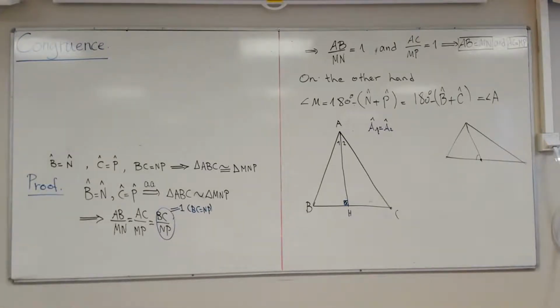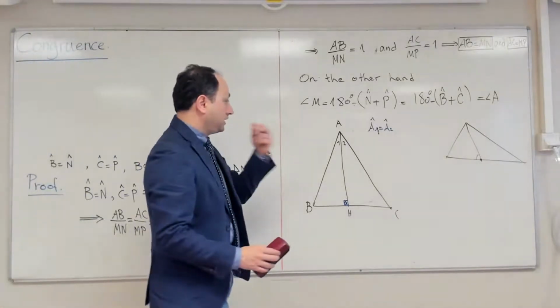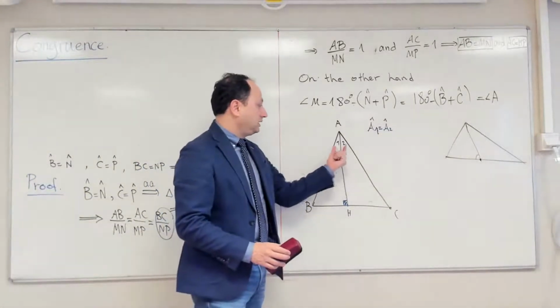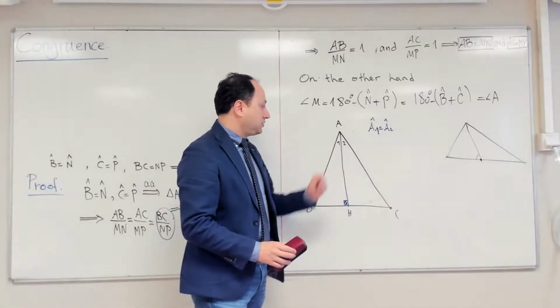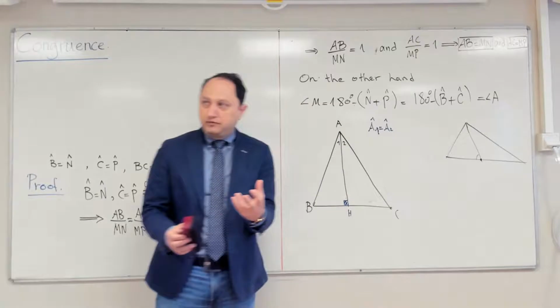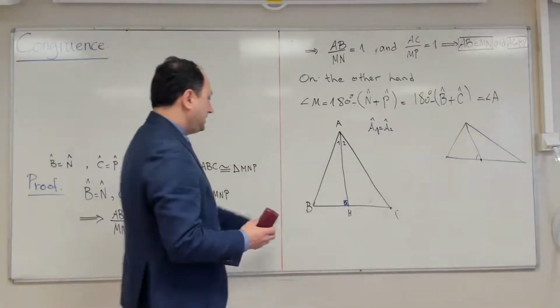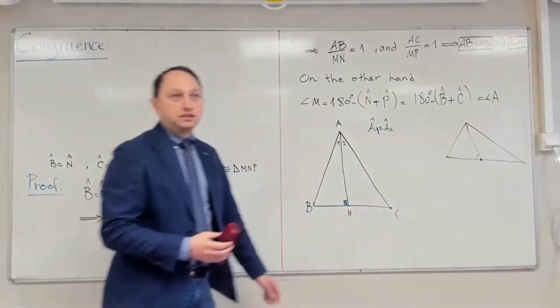Not yet. That's the point. Automatically it becomes so, but that is not the piece of information included in the problem. My assumptions are two things. I know A1 and A2 are the same. I know this angle is 90. Based on these pieces of information, I want you to conclude that this triangle is an isosceles triangle.